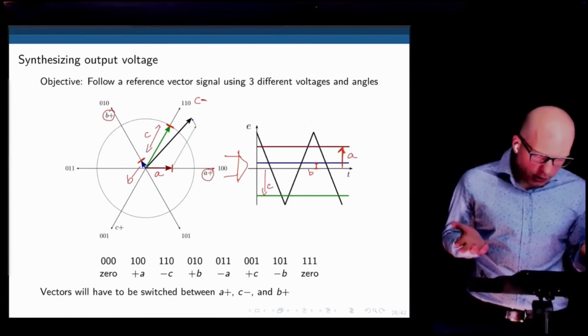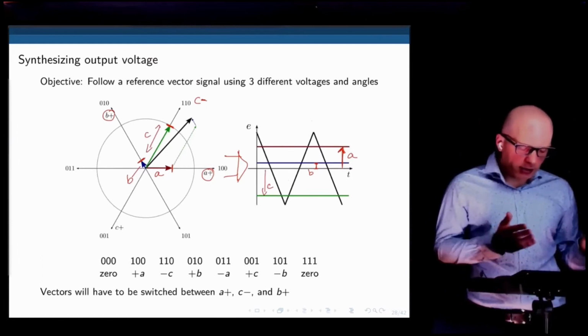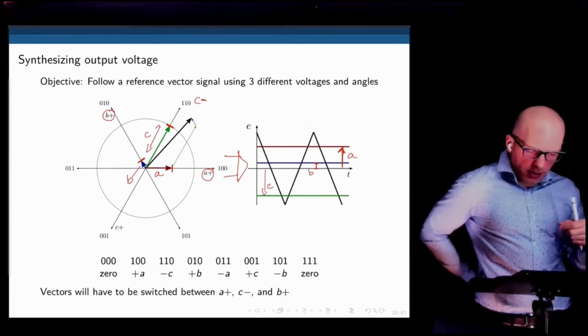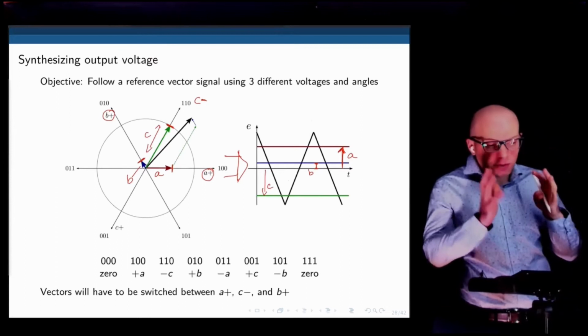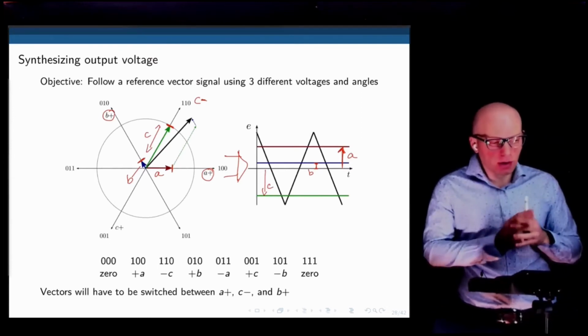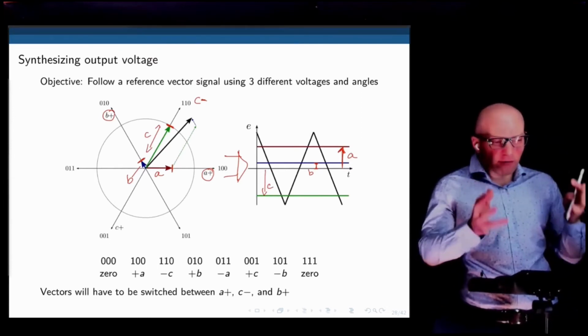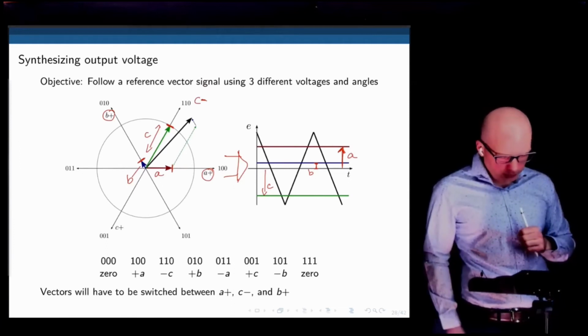Clearly we need to switch between the respective modes for A, B, and C minus, with a very specific duty cycle for each of them to have an average voltage that results in the black vector.